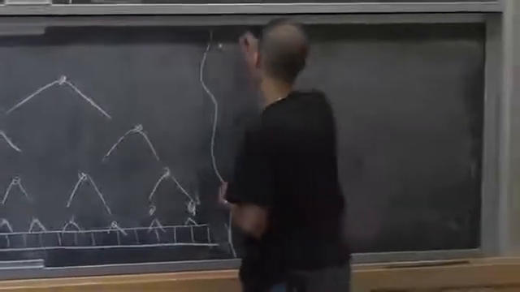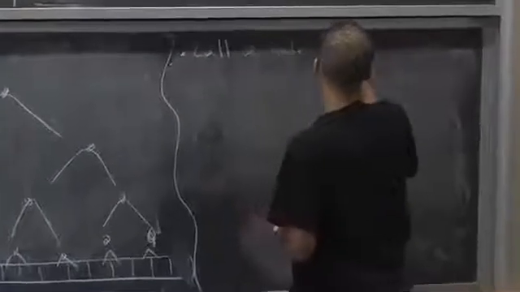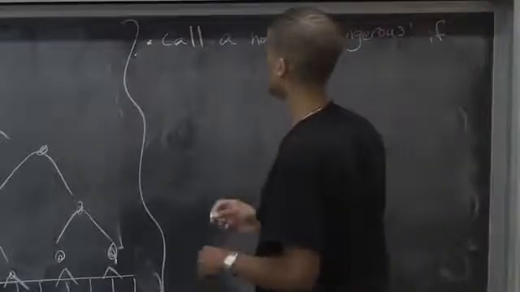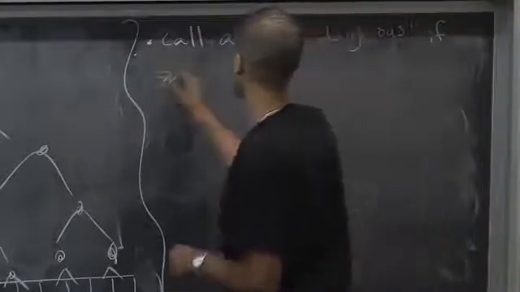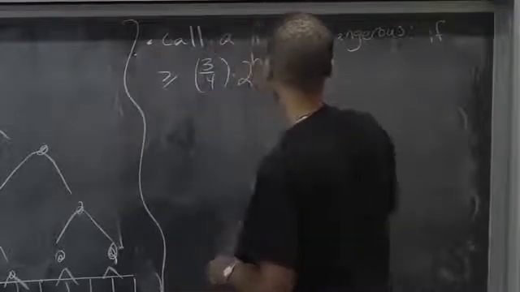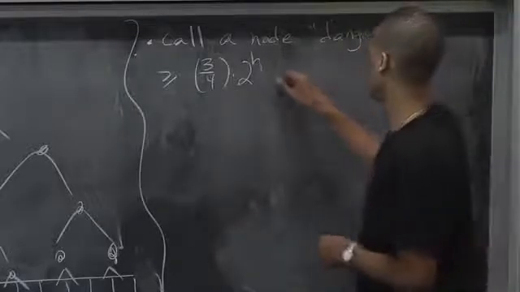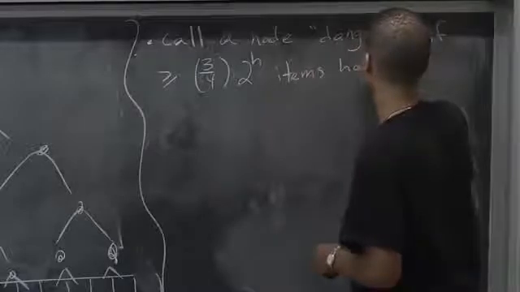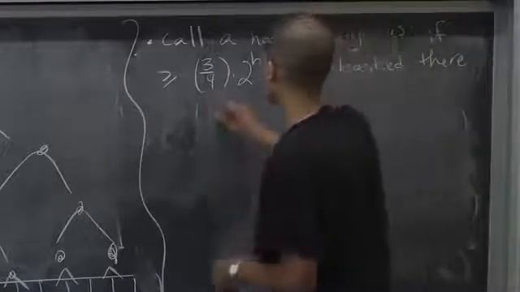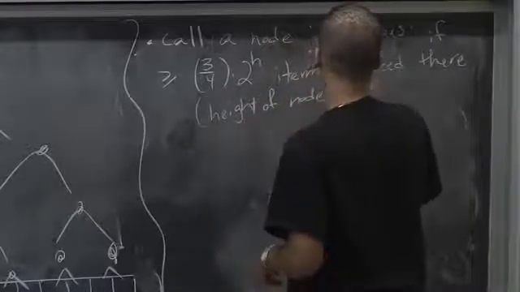Call a node dangerous if at least, let's say, 3/4 times 2 to the h items hash there. So this is a node at height h. The height of the node is h.